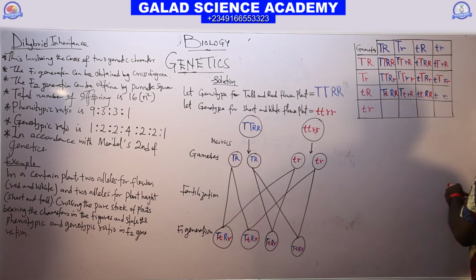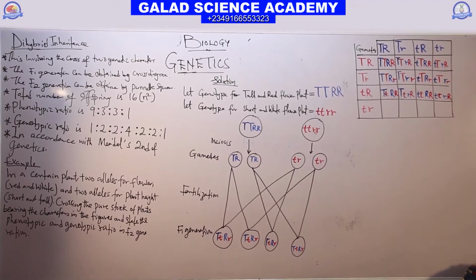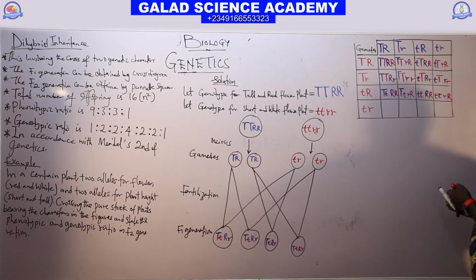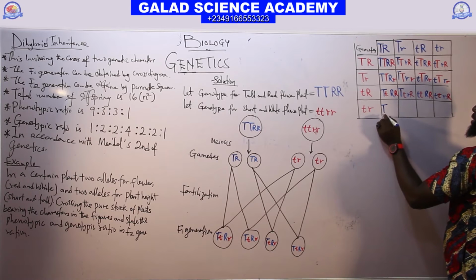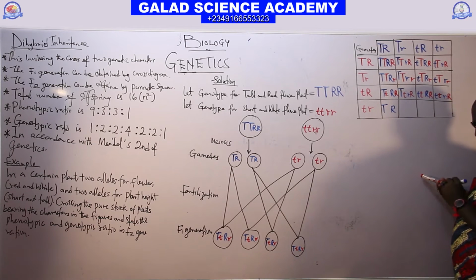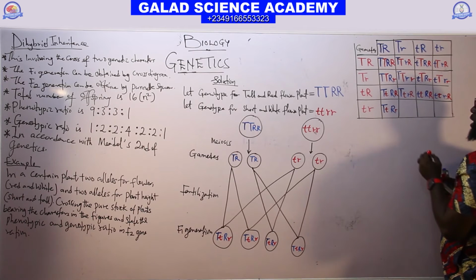Here we have small t, capital R. And the next one here is capital T, capital R. So we have small t, small r.